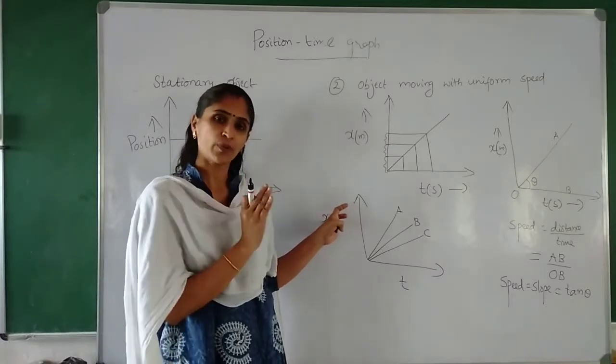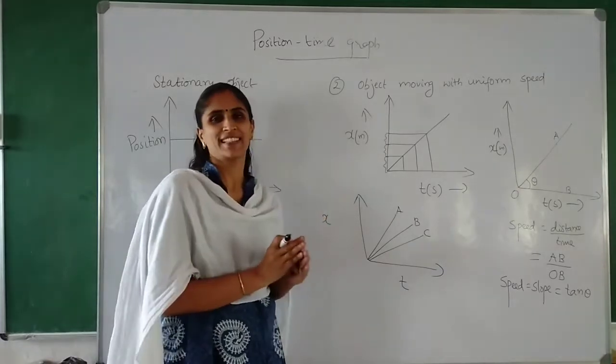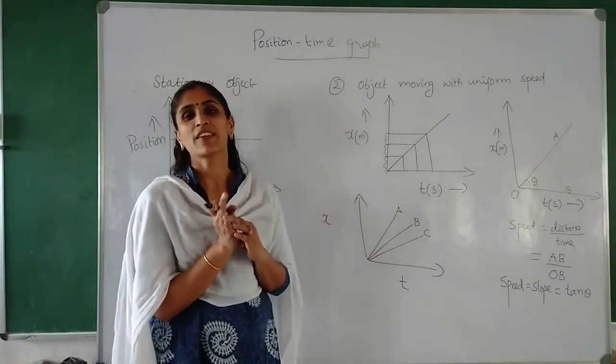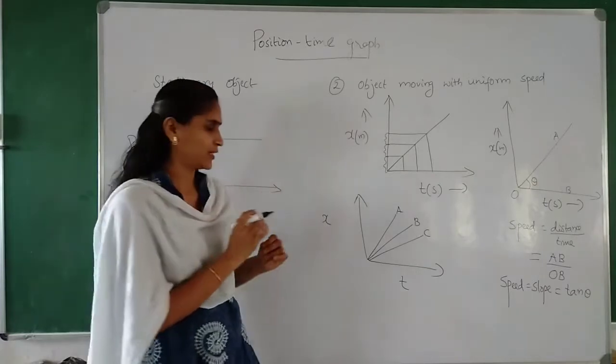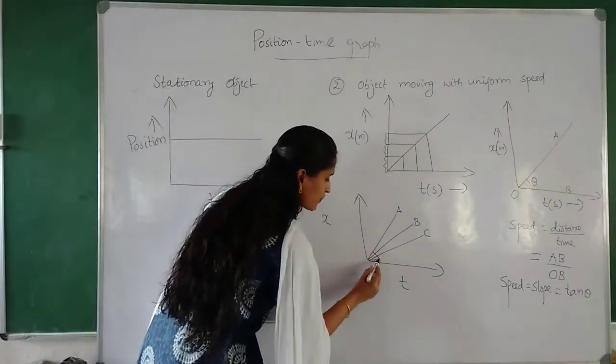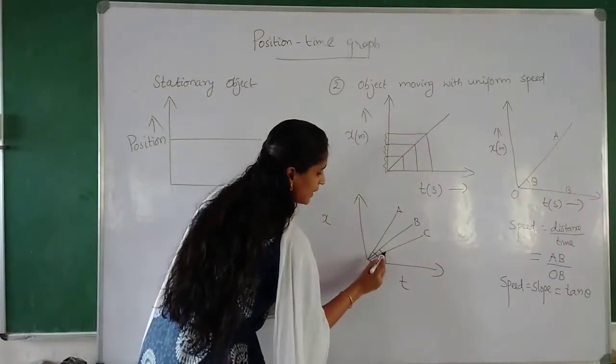Whichever line is closer to the position axis will have more slope and more speed, because this angle is more than this angle and this angle.